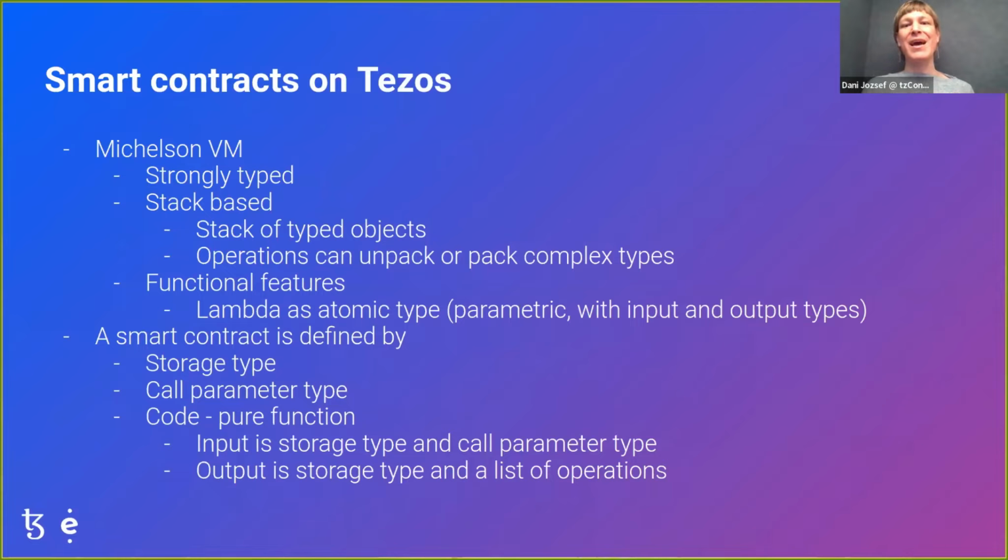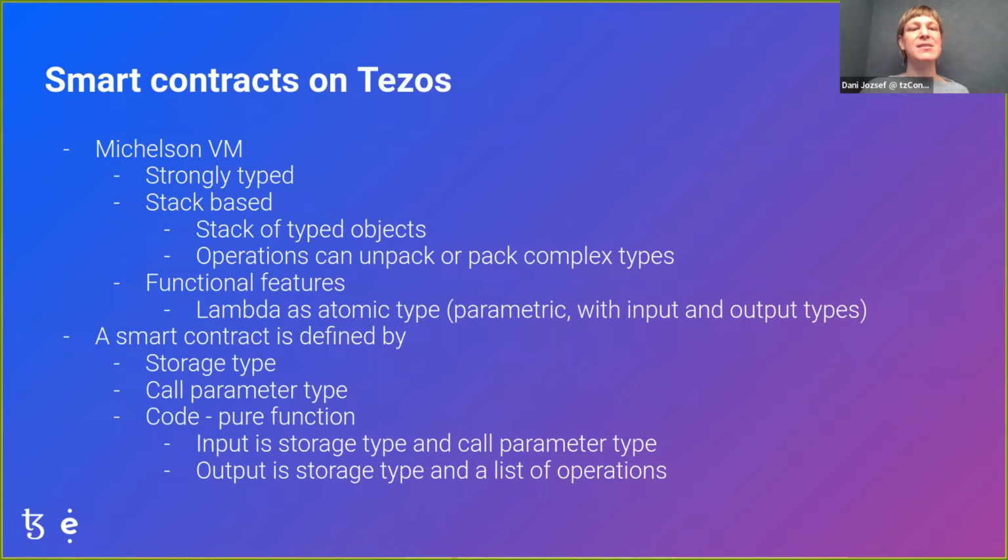So each lambda has input and output types defined, and only the full type with everything defined counts as equal to itself and not any lambda to another. So when you define a container for a lambda, you need to say what kind of lambda it will be.